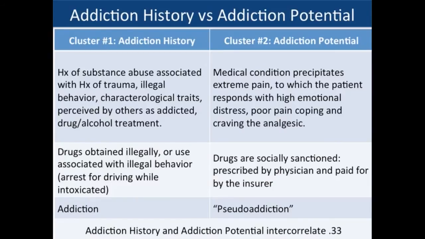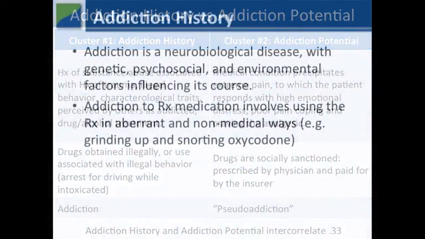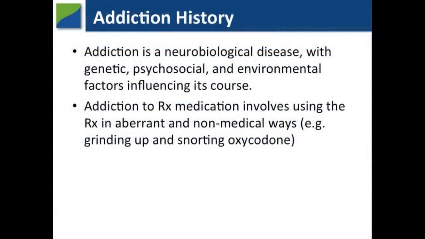So, if we think a bit more about the addiction history pattern, addiction is a neurobiological disease with genetic, psychosocial, and environmental factors influencing its course. And addiction to prescription medication involves using that in an aberrant and non-medical way, like taking your oxycodone, grinding it up, and snorting it, or smoking it with your marijuana, or taking your oxycodone with a six-pack of alcohol.